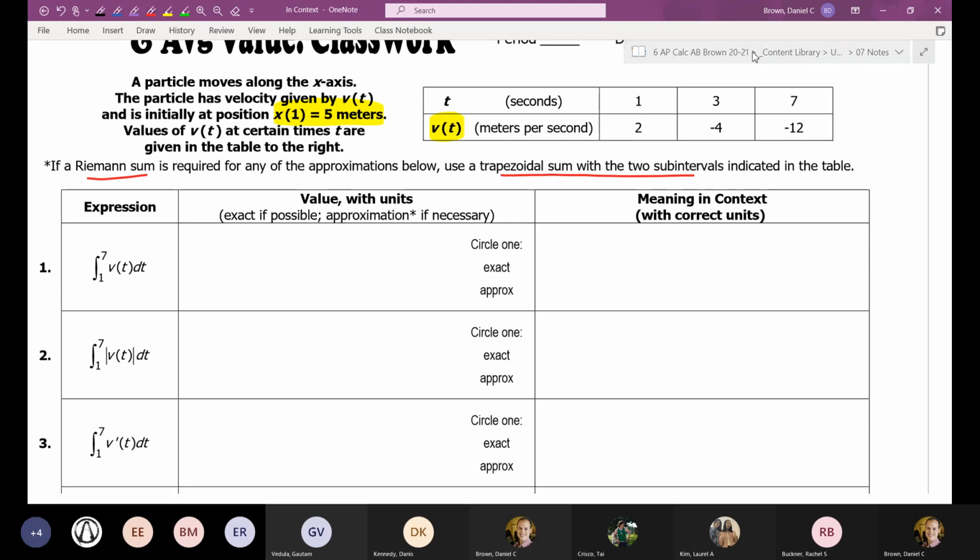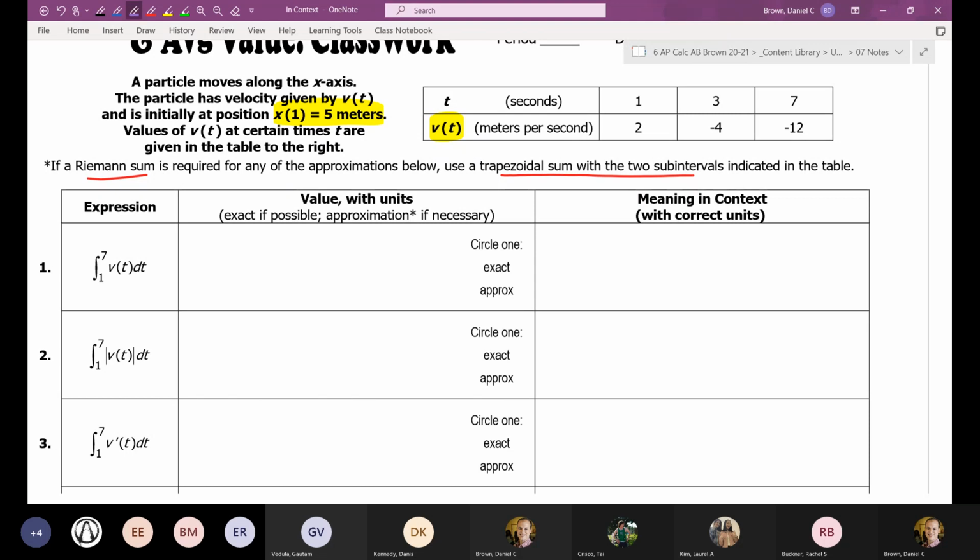So let's think to ourselves, how would we find the integral from 1 to 7 of v of t when provided with that table of v of t? Your options are, maybe this is a first FTC problem, or maybe you just read from the table directly and get an answer, or maybe it's a Riemann sum. So if we want to find that integral, what kind of method would we use to evaluate that integral? This would be a Riemann sum.